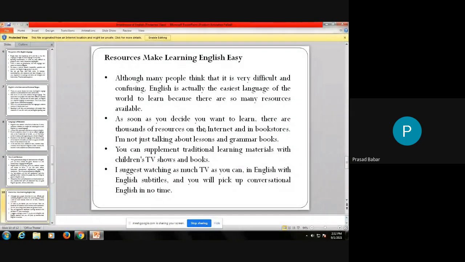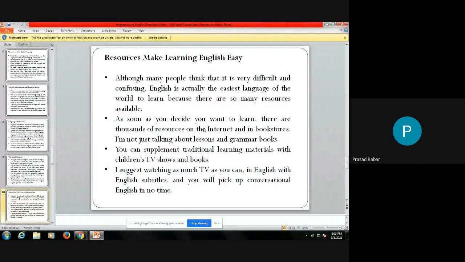If you are fond of watching cartoons, then all you have to do is select your language of understanding or communication as English. Switch to the English language and not your mother tongue.